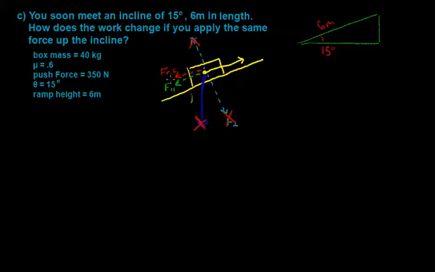And we just have to hope that these two forces acting against us aren't greater than the force that we're applying, or else our box won't move up the ramp.